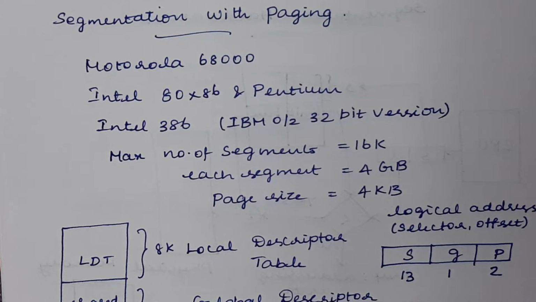If the new segment is smaller and we store it in the same space allotted to the old segment, a lot of memory will be wasted, because the partition has already been divided. So a lot of the remaining memory space will be wasted.